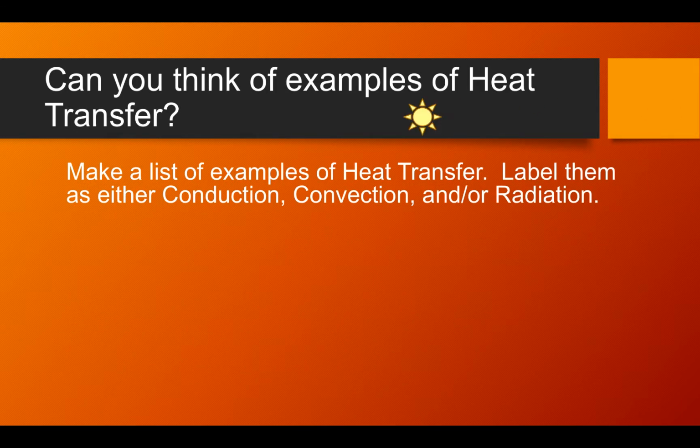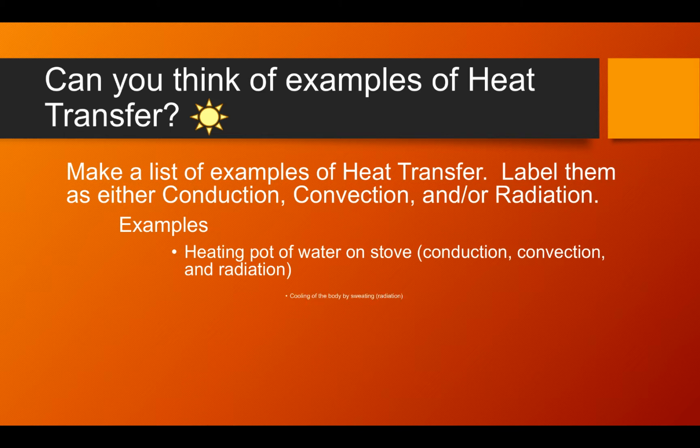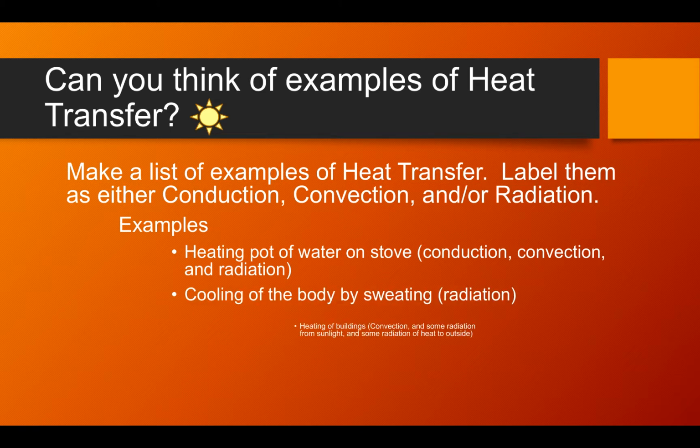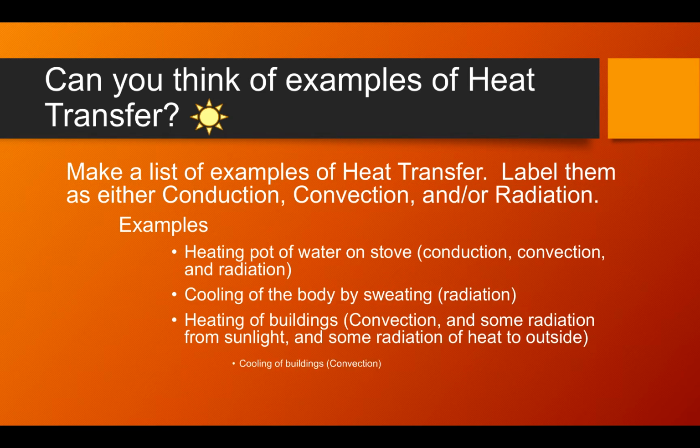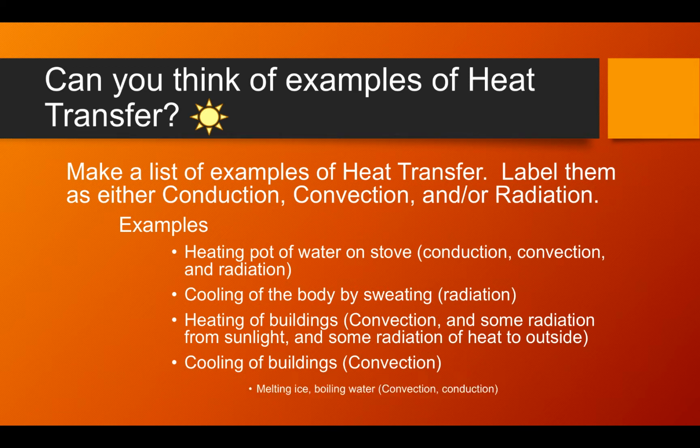Alright, so when you think of other examples of heat transfer, let's make a list of examples of heat transfer at your tables and label them as either conduction, convection, or radiation. Let's look at a few examples first. Heating a pot of water on a stove is conduction, convection, and radiation.